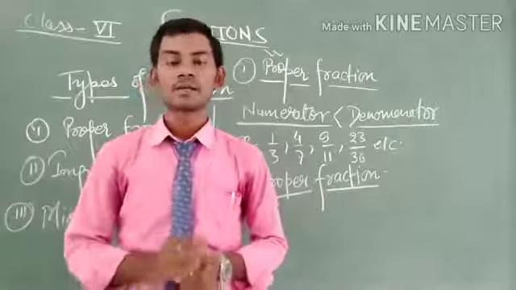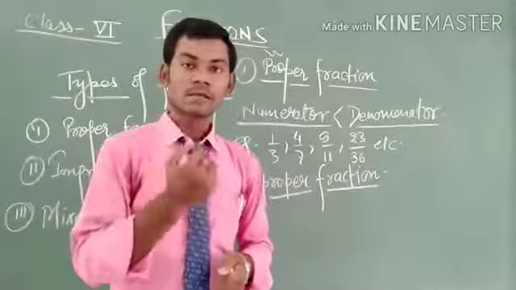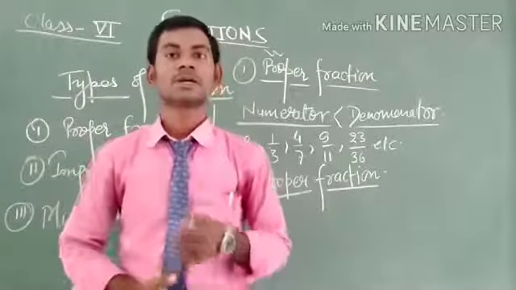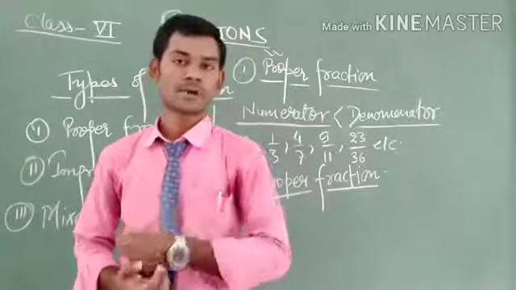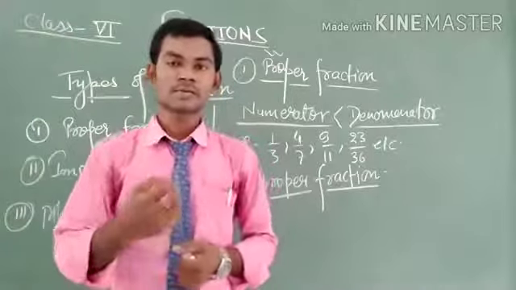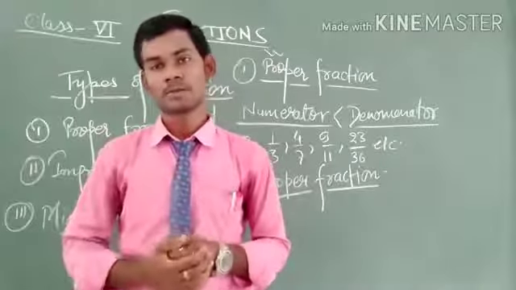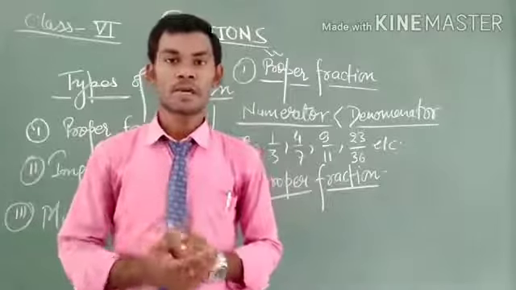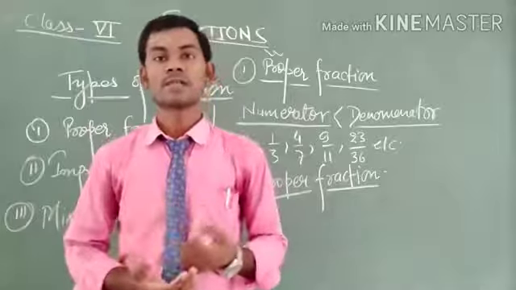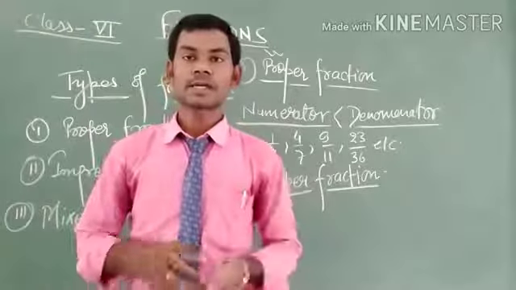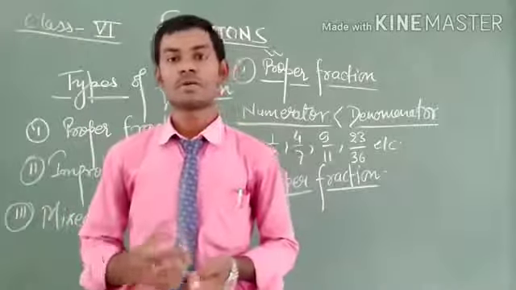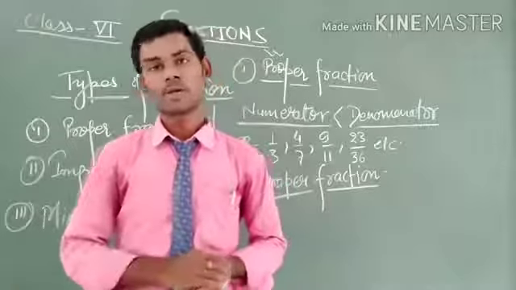And the sentence, the converse of proper fraction, is quite equivalent to the opposite of proper fraction, or we can simply define a fraction in which the numerator is greater than denominator is known as improper fraction.